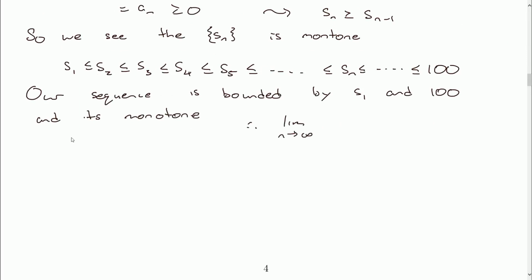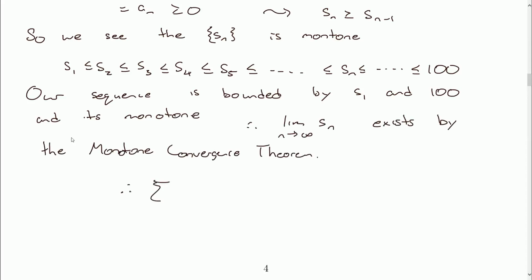Well, then that tells me, and we have to remember these results, we mentioned it in class, it's also in your textbook in case you're just the sort of person who reads out of the textbook, the limit here exists by the monotone convergence theorem. But if the limit there exists, then this sum here must be convergent. And we're done. Everything's all squared away.